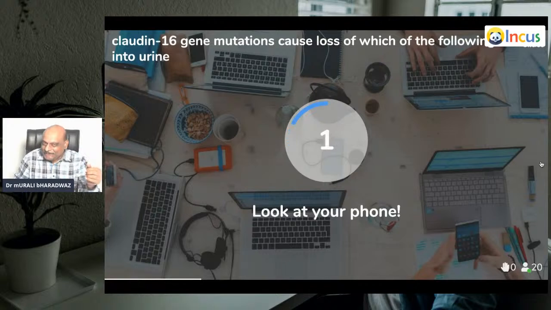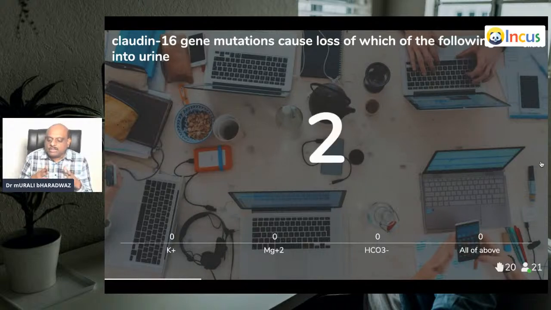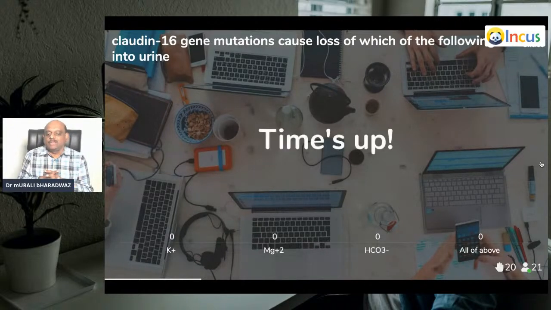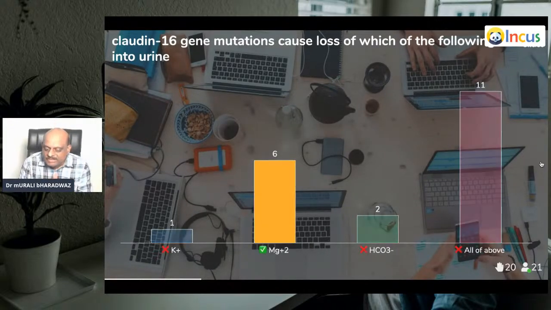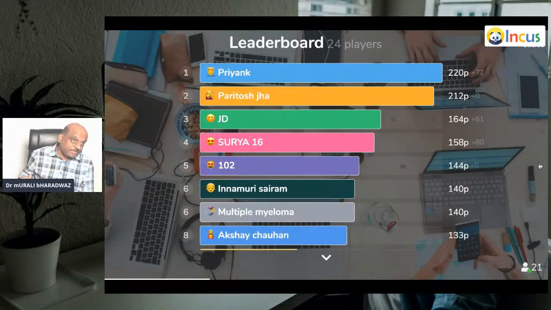Let me check. Kaun banega PG Pati? Claudin 16. Gene mutations cause the loss of what into the urine? Claudin 16 gene mutations. Very good. Six of you are right. Typically that causes magnesiuria, magnesium and calcium being lost into urine.